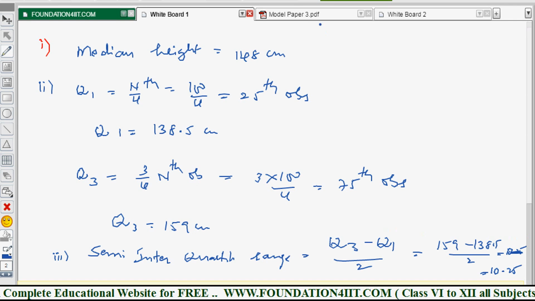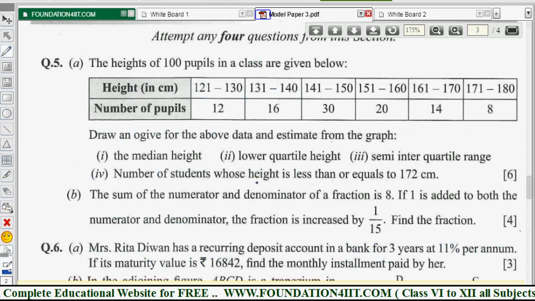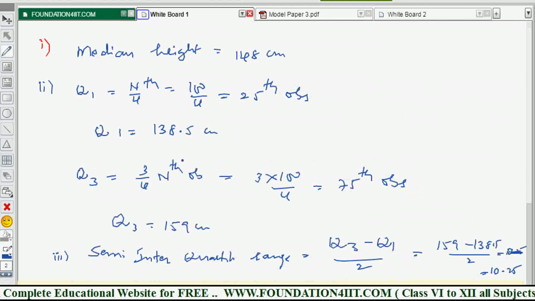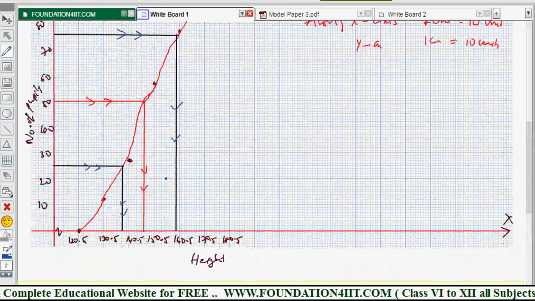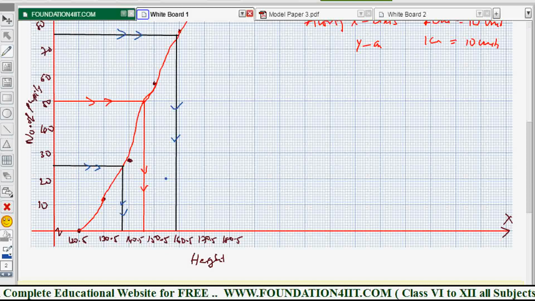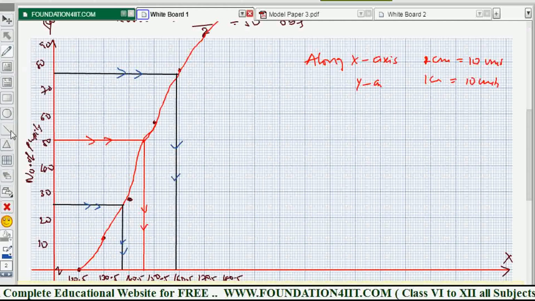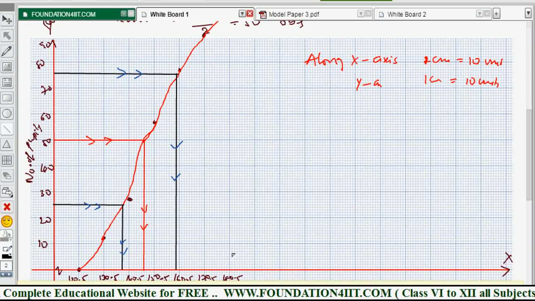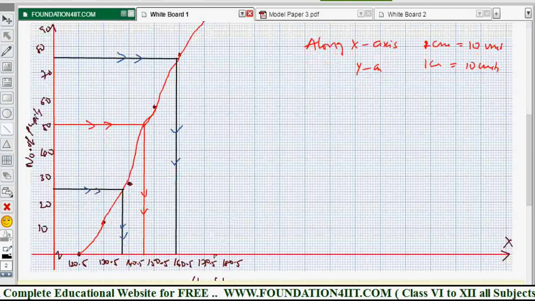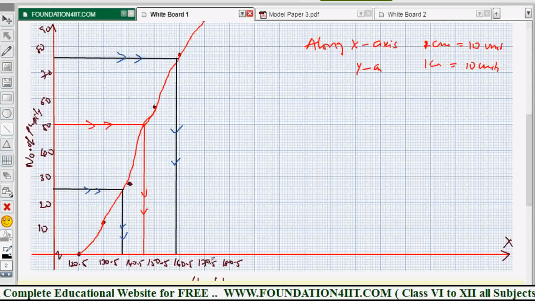Now the number of students, if you observe, the number of students whose height is less than or equal to 172. So from 172 we'll take the line. If you take from 172, you should take up. So after 170.5, next 171.5, 172.5.